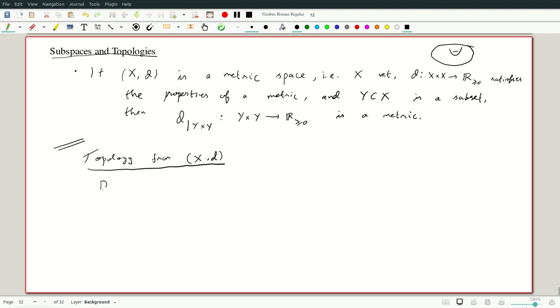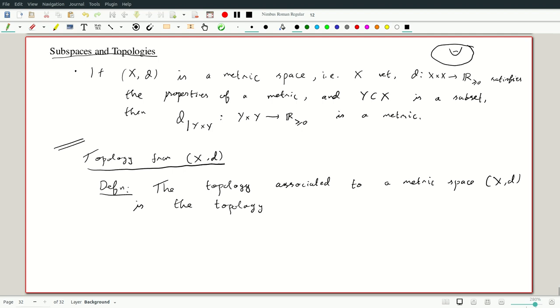So the definition: the topology associated to a metric space (X, d) is, well, I'm going to put the quotes here, we'll clarify and get caveats later, the topology with basis B. Well, what is it?